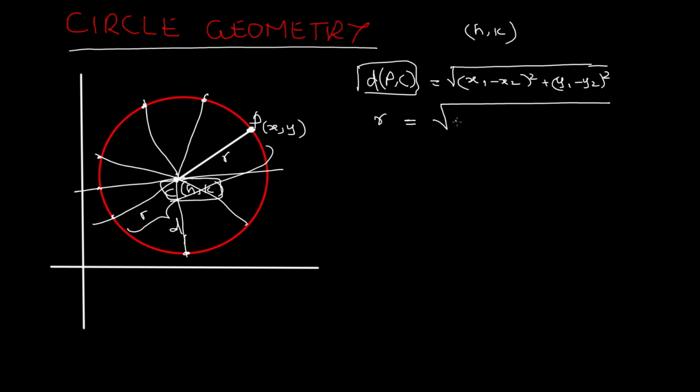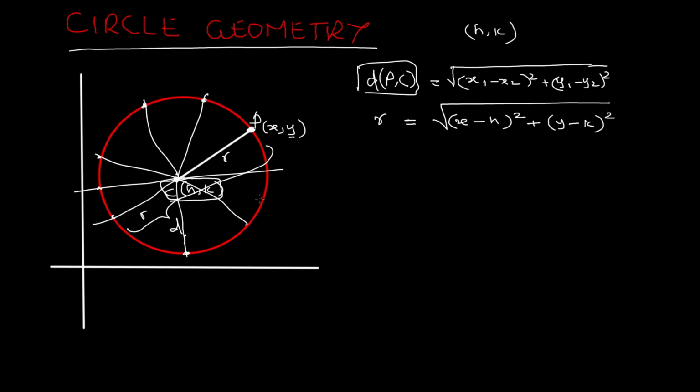So R is equal to the square root of. Now we use our first point, which is X. Then we subtract H. Okay. And then remember, this is squared. Then again, we go to Y. Y1 in our case is Y, minus, we subtract K, which is our Y value here in the center. Okay, so that is going to be the radius.